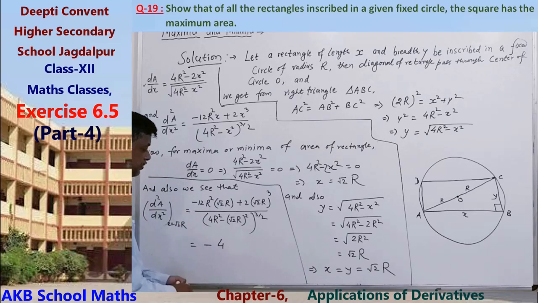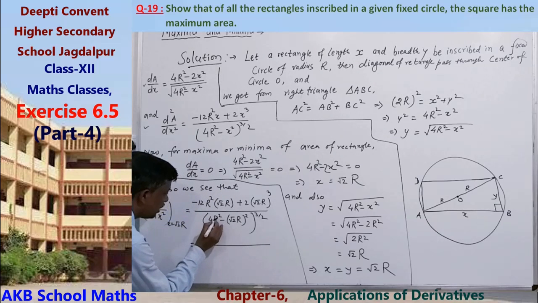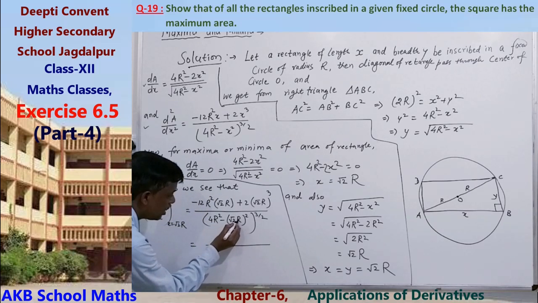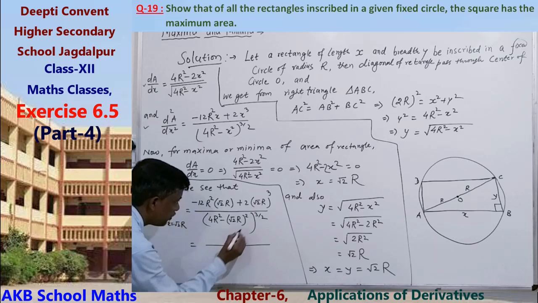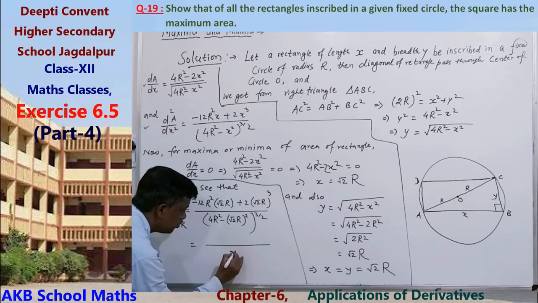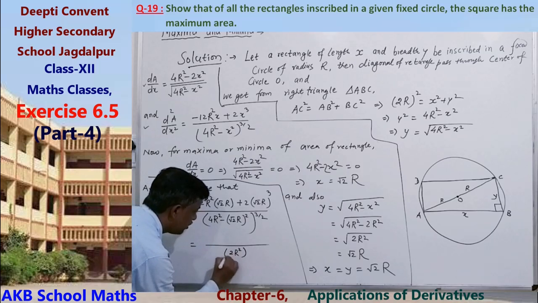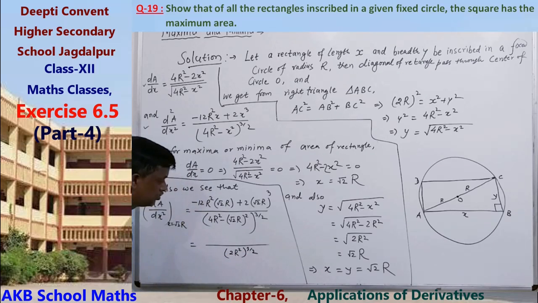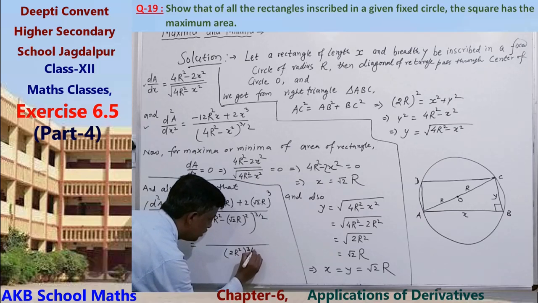How? Here 4r square minus 2r square. So 4r square minus 2r square means 2r square power 3 by 2.